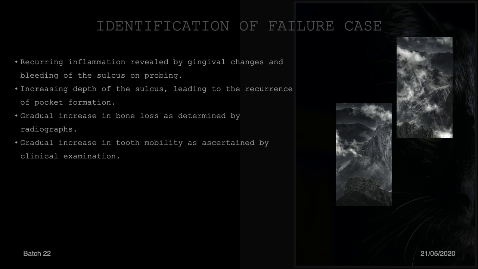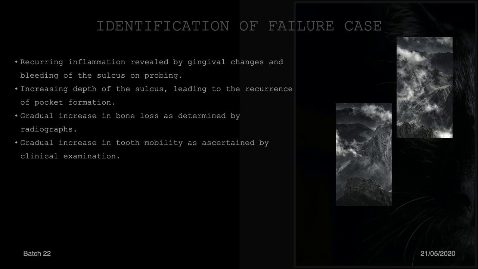And in an ideal case, after phase 1 therapy or after any phase of periodontal treatment, during periodontal maintenance therapy, the patient should show some improvement in the disease. If there is no improvement and the case is getting worse, then the therapy should be modified according to the patient.